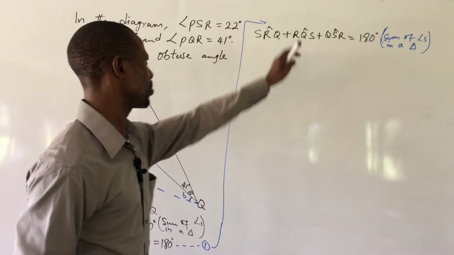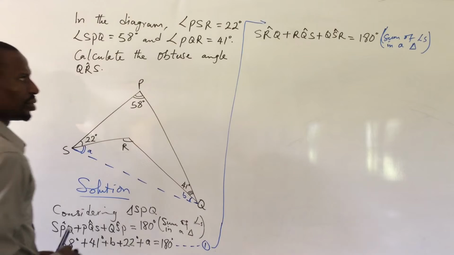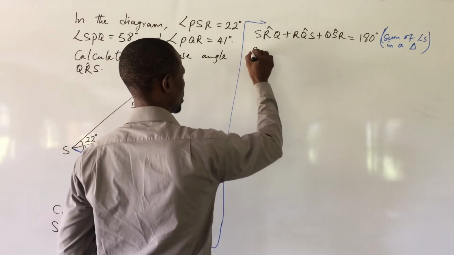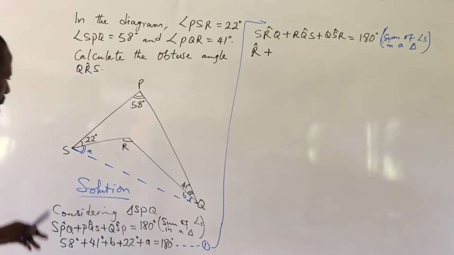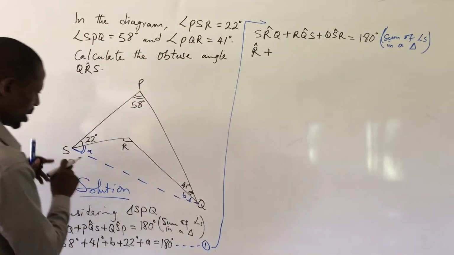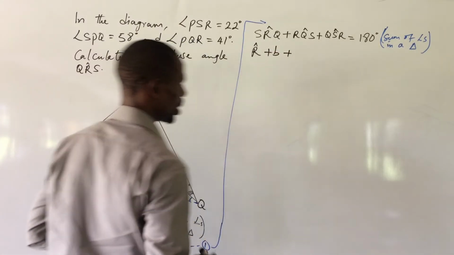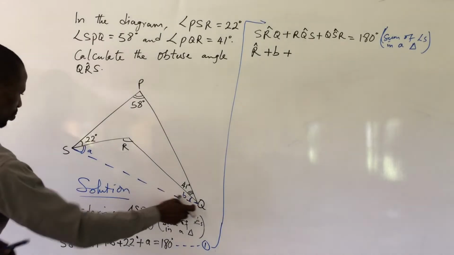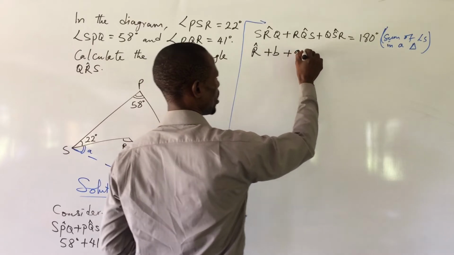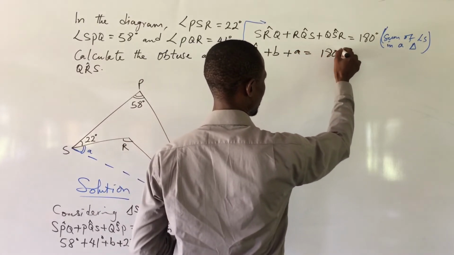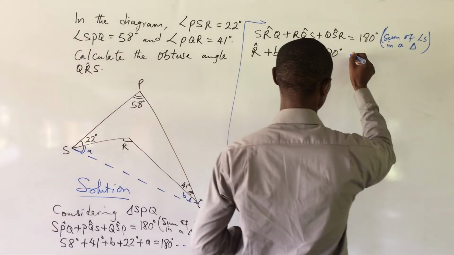What is XRQ? XRQ is capital letter R, angle R, plus RQX. RQX is B. So we put down here B plus QXR. QXR is this angle A here. So we have A, all equal to 180 degrees. Now let's label this equation 2.